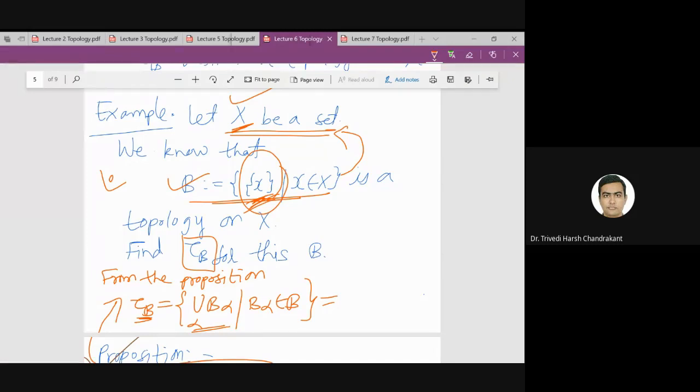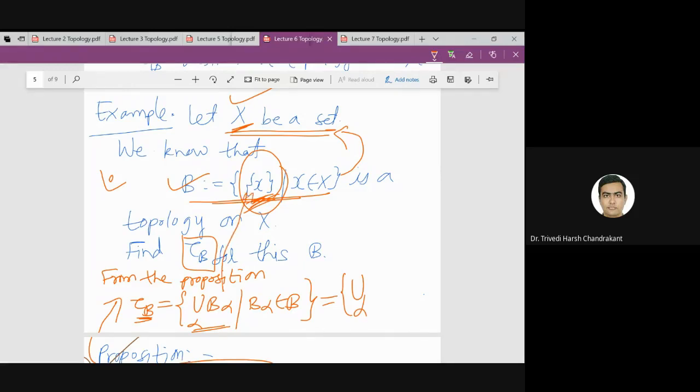So the first trivial observation is that all the singletons are elements of tau B, right? All the singletons are elements of tau B. So in other words, if I want to write it again, what is B alpha?